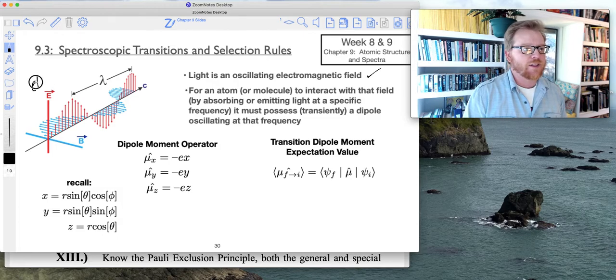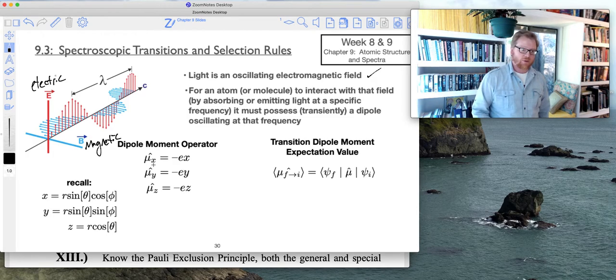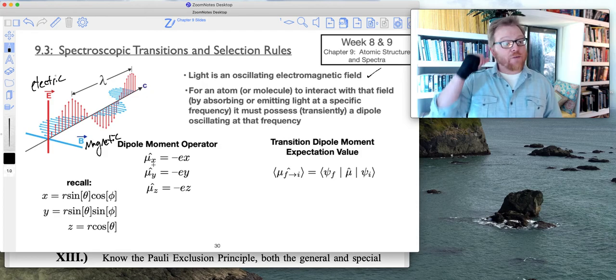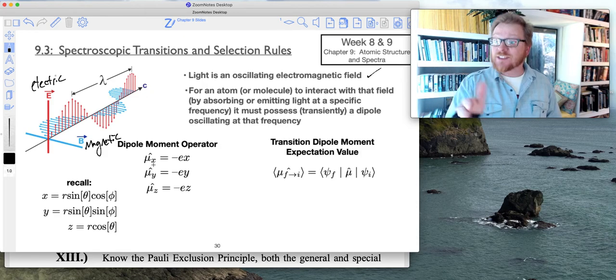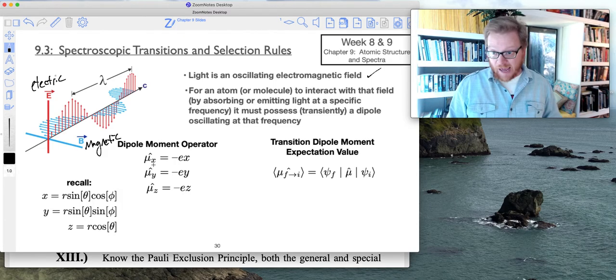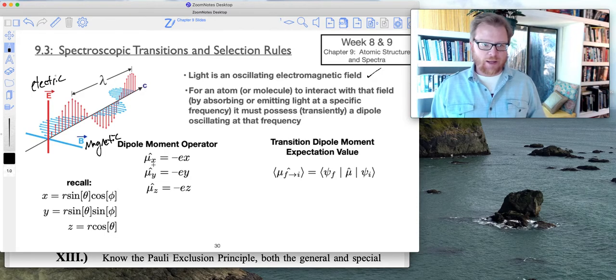So this is the electric component, and B is the magnetic component. And so as you might imagine, when we have electrons spinning, that can influence a magnetic component of light. And also photons are spinning.